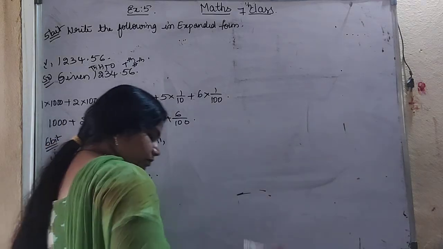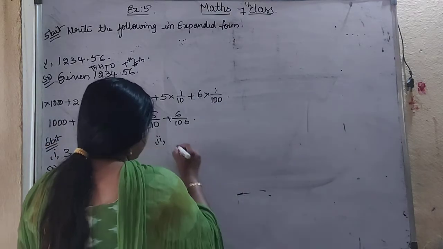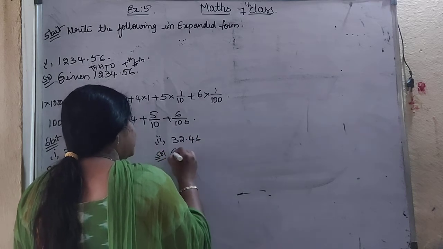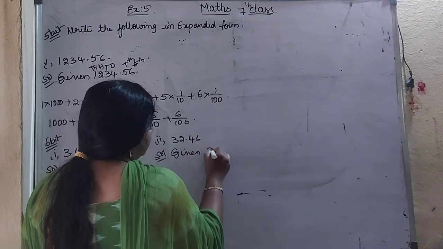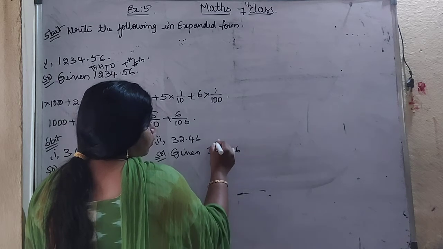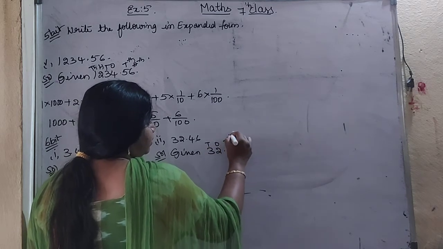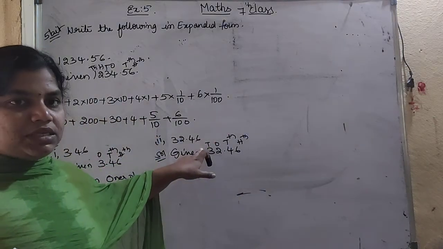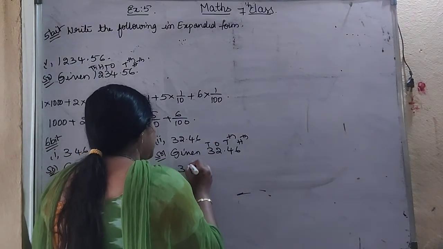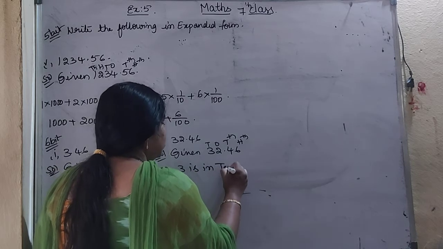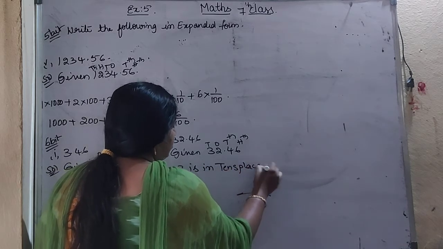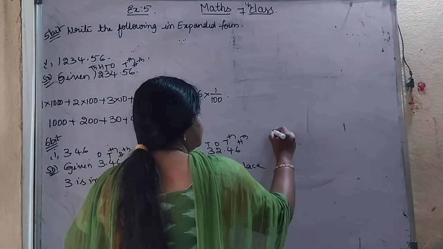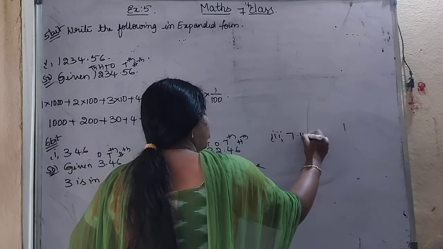So second one, 32.46. So where is 3 now? Write the place values. Ones, tens, tenth, hundredth. Now 3 is in which place value? That is tens. So 3 is in tens place. Okay, so next one, third one, 7.43.